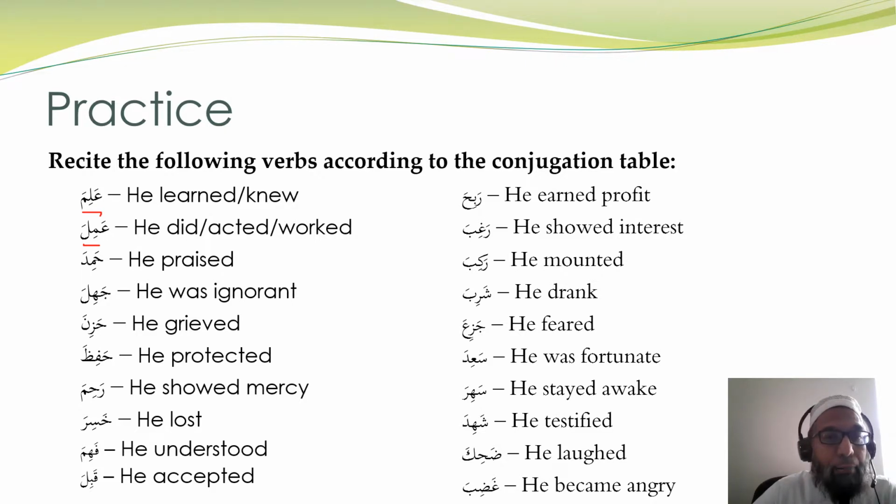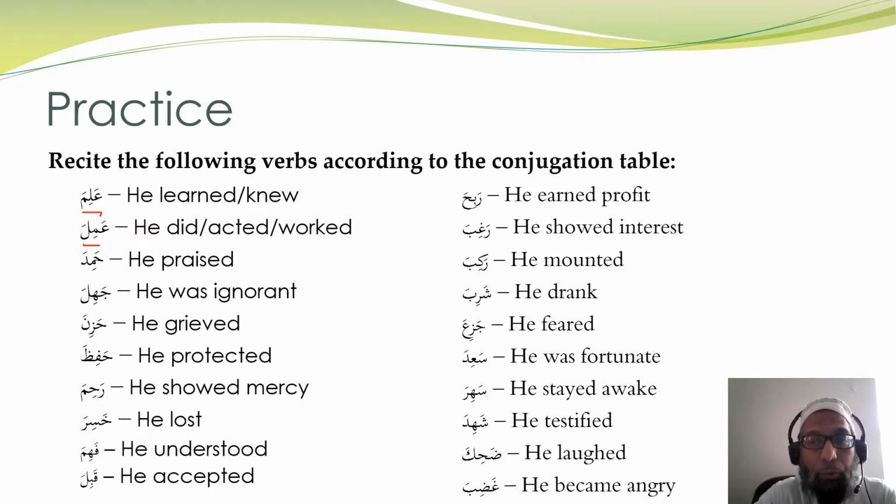Then hamida. Hamida means he praised. Hamida is something we say almost every day in our prayer, multiple times, when we say Sami'a Allahu liman hamida. Two verbs there on the pattern of fa'ila. Sami'a we covered already. Sami'a Allahu, Allah heard.